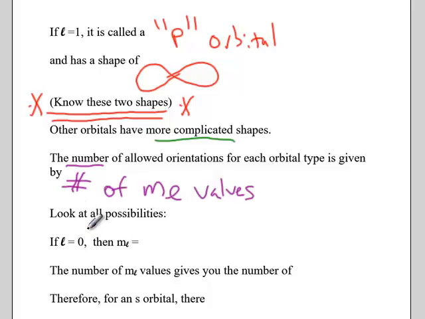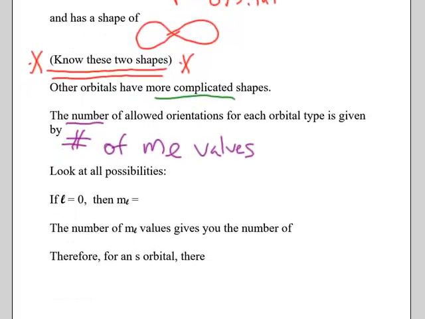So let's start with the lowest quantum number, L, being equal to 0. Remember, m sub l goes from negative L through 0 up through positive L. So if L is 0, the only thing m sub l can be is 0.